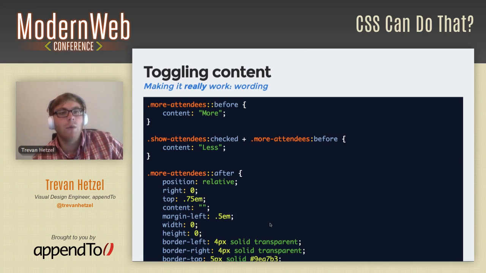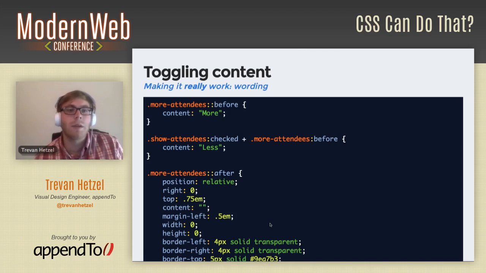So it's just an empty label, and we're going to set the content in a pseudo element to more, right? And then again with the checkbox hack, if you will, when the checkbox is checked, we're going to select that label's before pseudo element. We're just going to change the content to less. So that gives us a nice toggling effect.